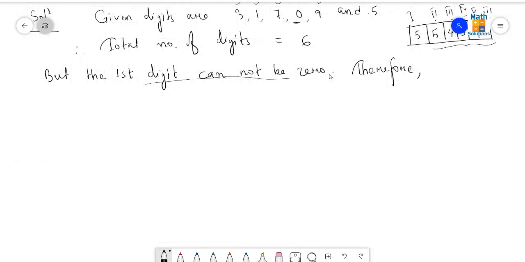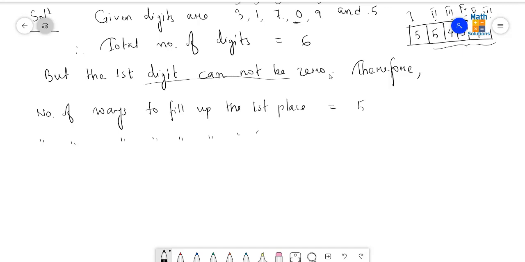Number of ways to fill up the first place is equal to 5. Then number of ways to fill up the second place is equal to 5 again.